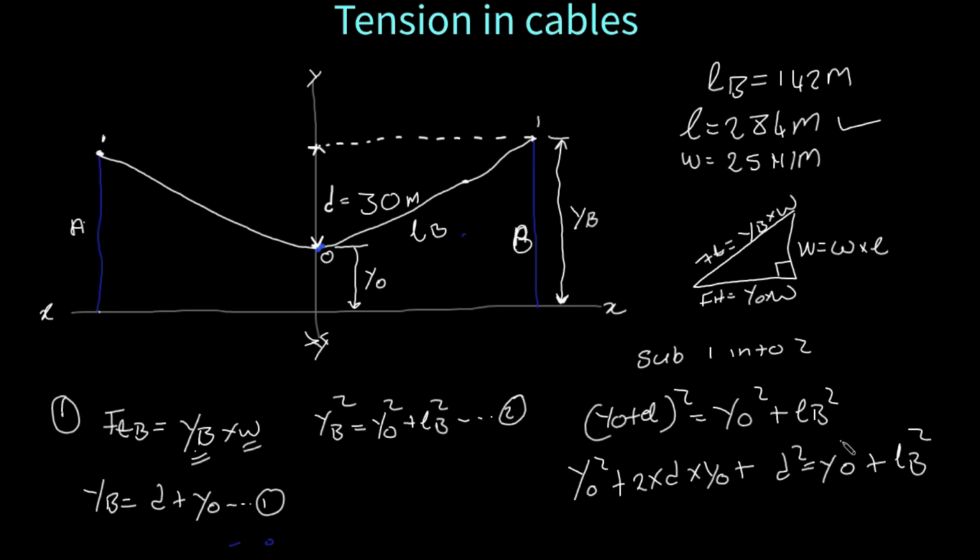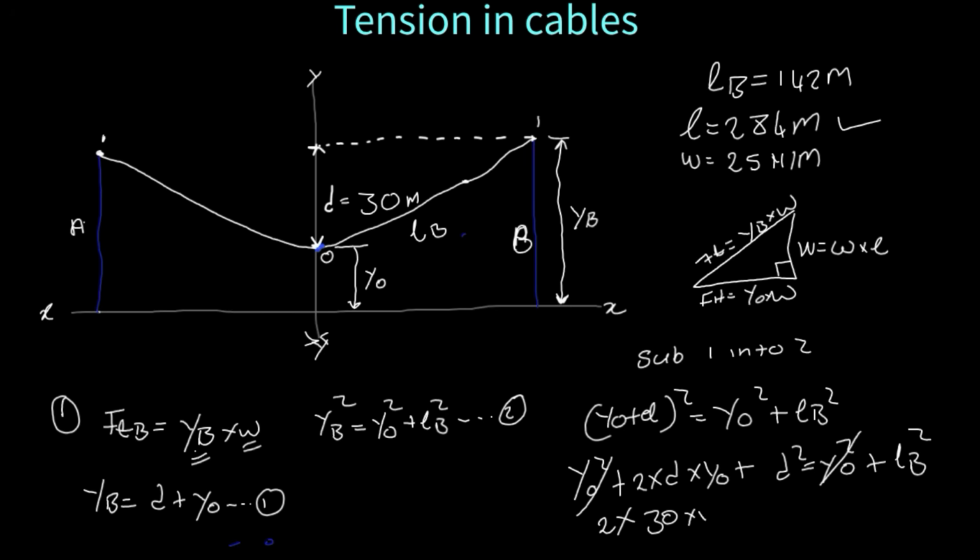This YO squared and this YO squared are going to cancel out, and then now let's substitute what we know into this equation. It's going to be 2, and we know that our d is given by what? We're given 30, and then it's going to be times YO.